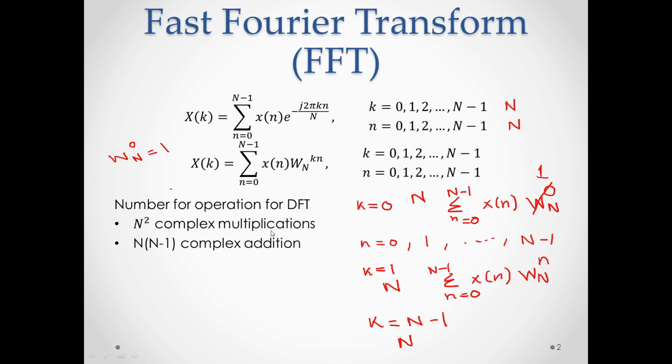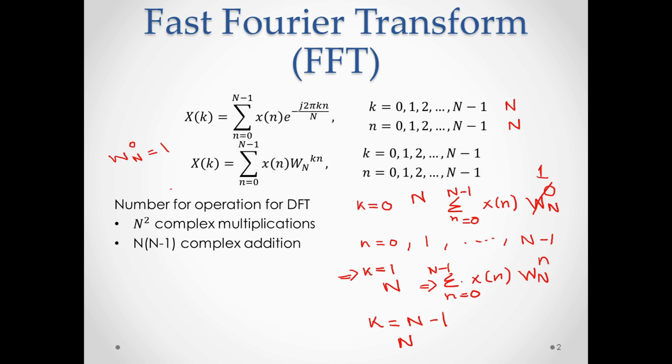Whereas when it comes to addition, if we look at the second formula, when k was equal to 1, what we have to do is sum a complete n variables.